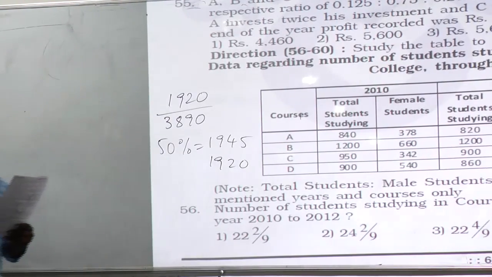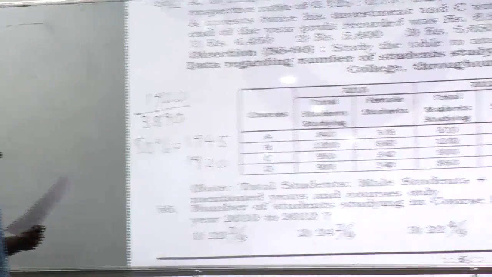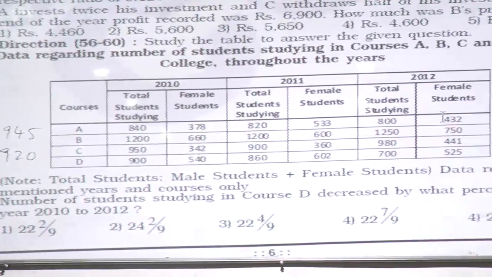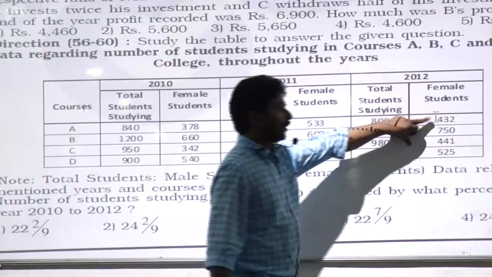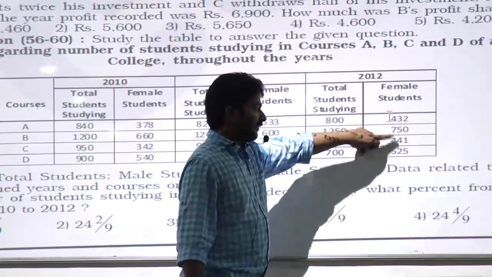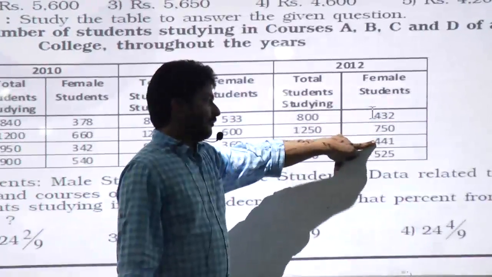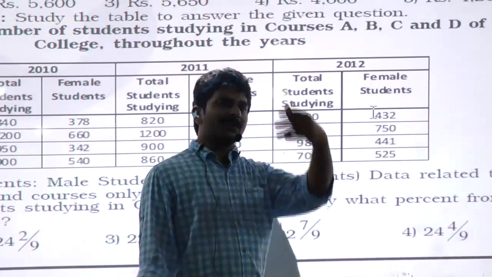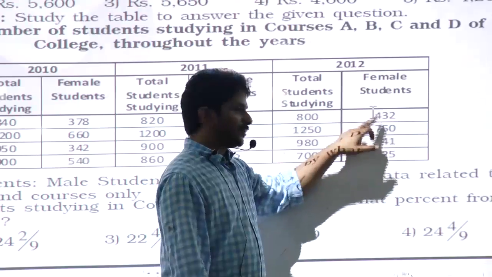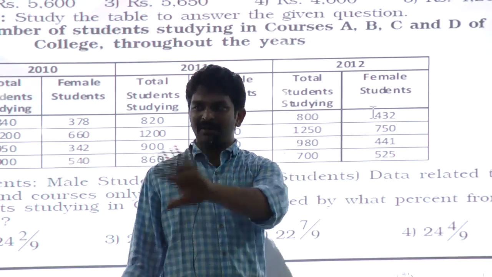What is the average number of females studying in all the given courses together in 2012? Females average in 2012. Let's add those numbers here. 400, 700. 1100 plus 400. 1500 plus 500. We have to do the average. Divide that 2000 by 4. Every number gets 500. Keep it aside.